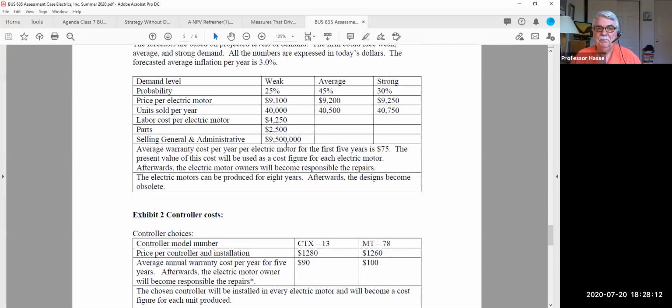So if I'm producing a product in 2020, I'm going to have revenue of $9,200 a unit. I'm going to have $4,250 per unit expense, $2,500 per unit expense, $9.5 million expense, $1,280 expense, but I have 5 years of warranty for $165.